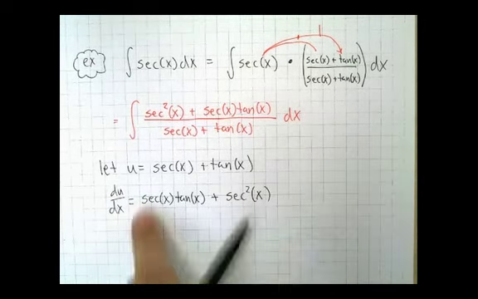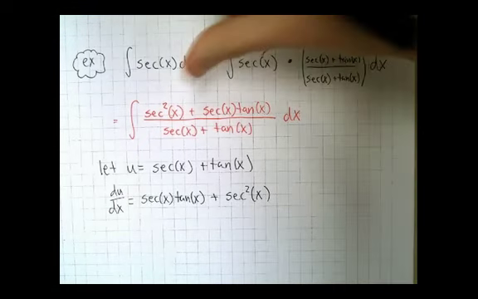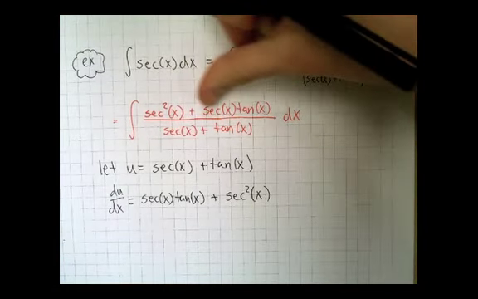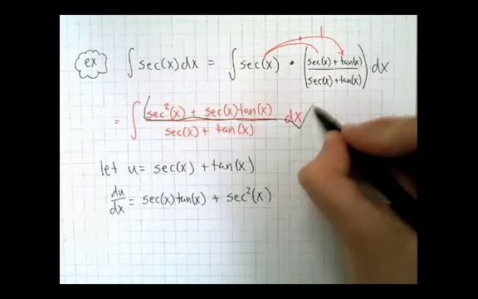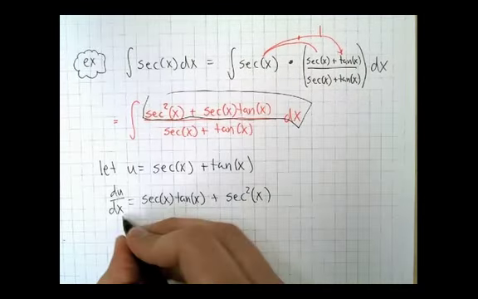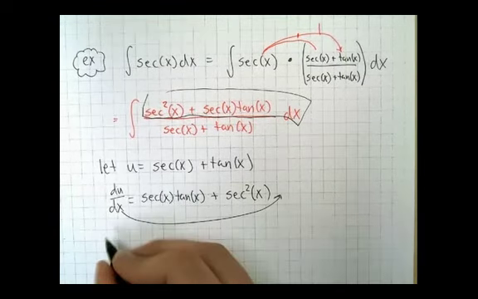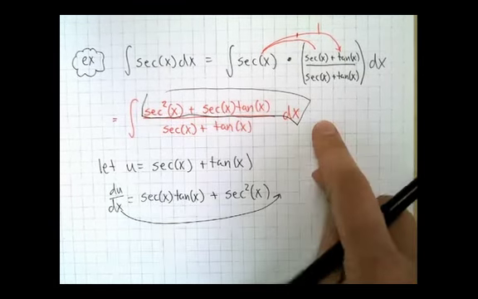So you can see why I did this. Secant tangent plus secant squared is exactly what we have on top of this fraction. So all of this is what I was going for. Who would have known, right? So multiply the dx over, and du equals all of this.